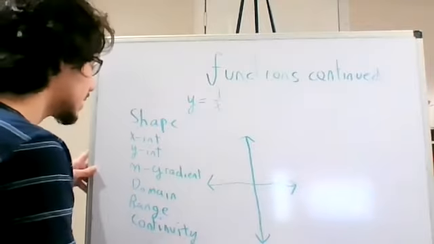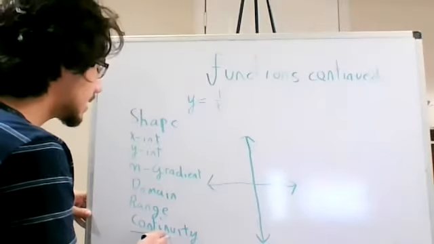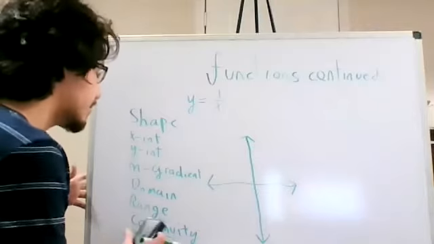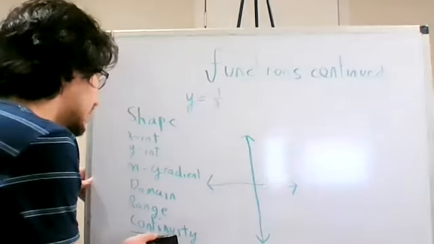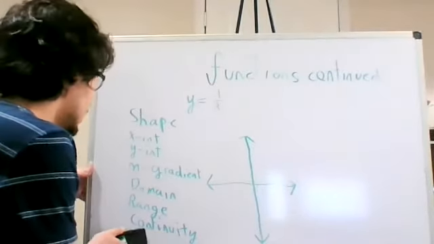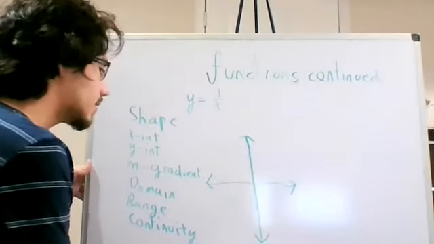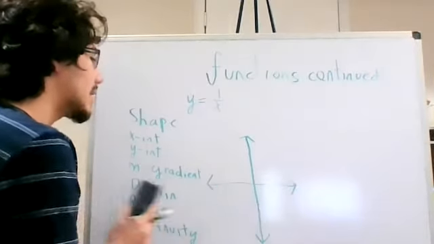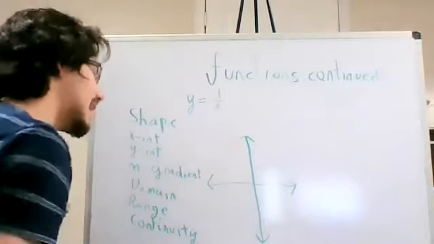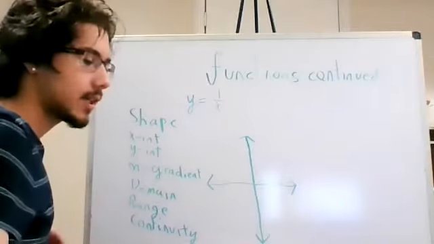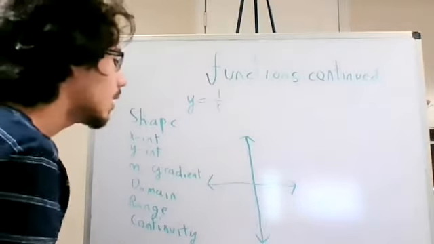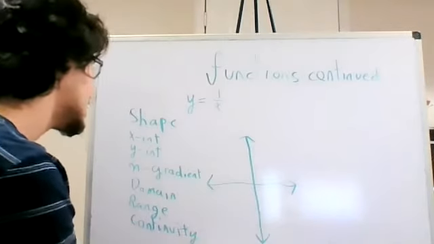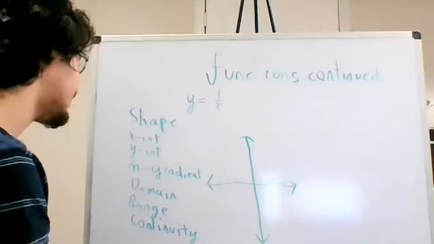Now, if we look at the word continuity, it looks like continue. And the reason why is because continuity means all of the places where the function continues. So if there is, for example, an x part of the function where we can't put something in the x part, that means the function is not continuous at that point. Or in other words, continuity means all of the places in the domain.